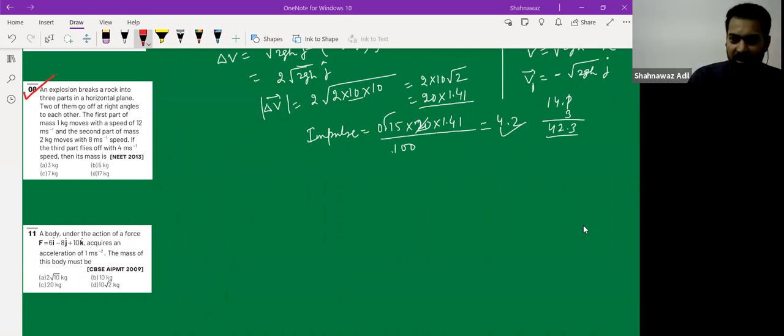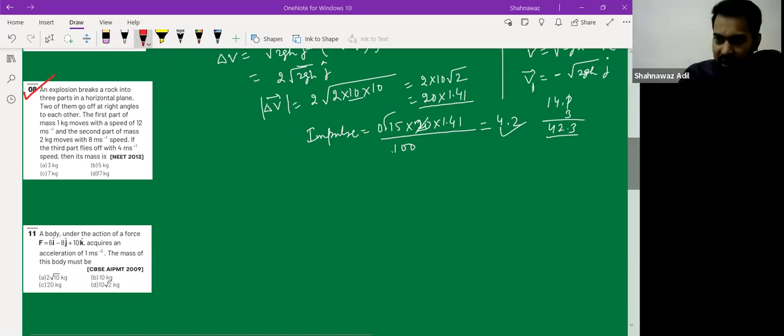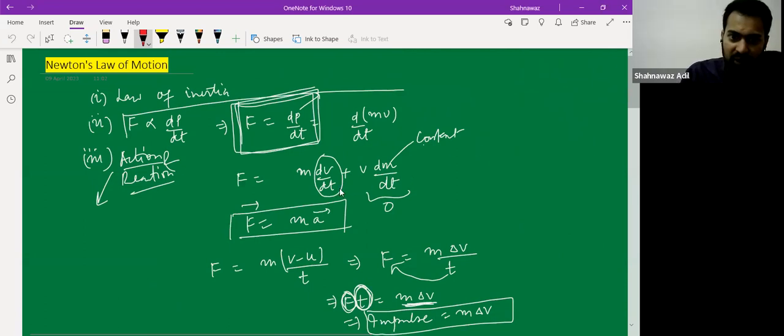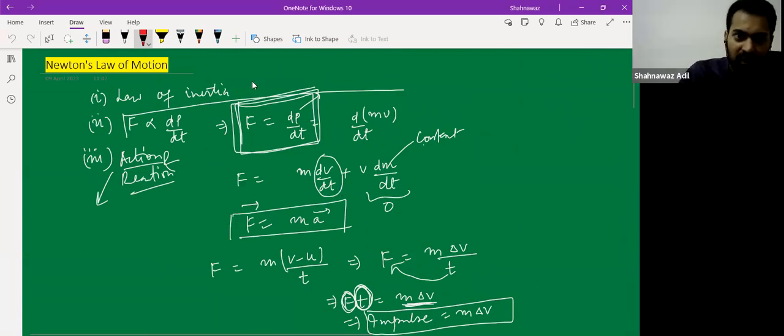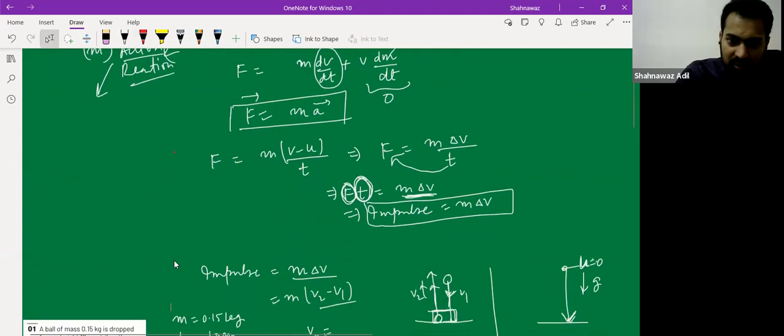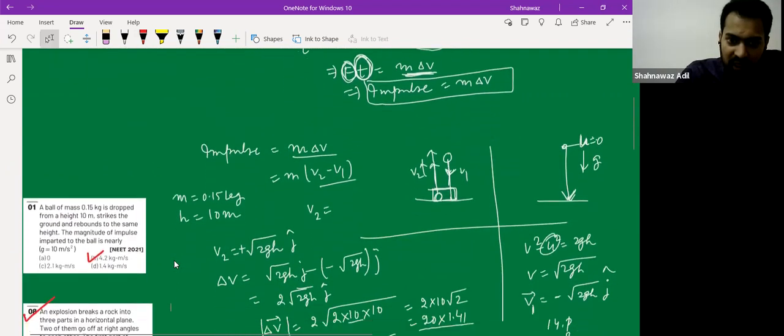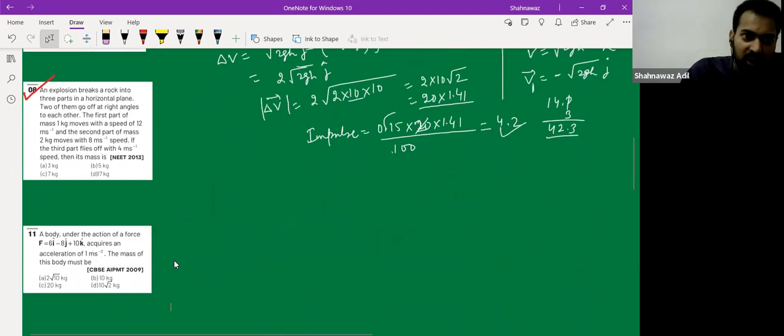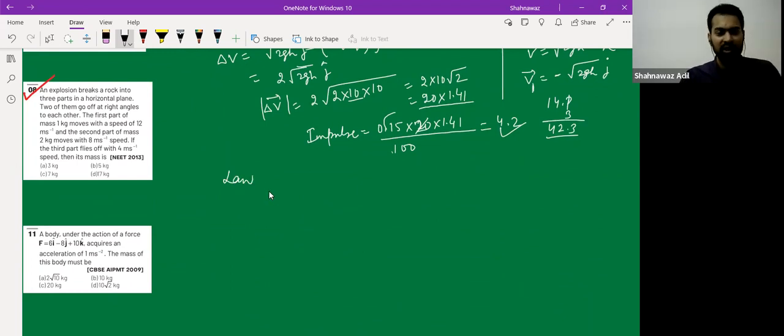But before that, let me give you one more concept that I missed, right? Before doing this question, keep in mind the important laws. There are 2 important laws for a moving body, right?